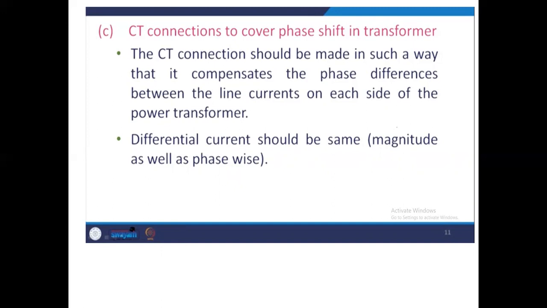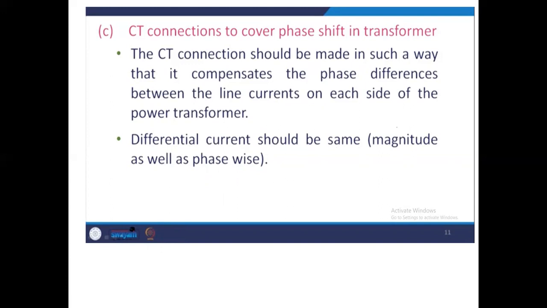So these two currents given to the relay should be equal in magnitude as well as in phase. Differential current should be the same both in magnitude as well as phase wise. So this is very important.